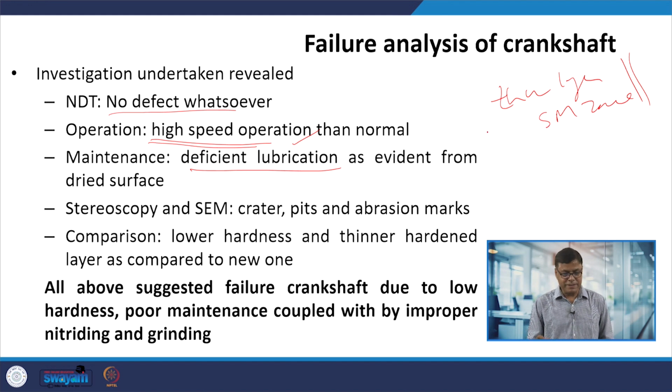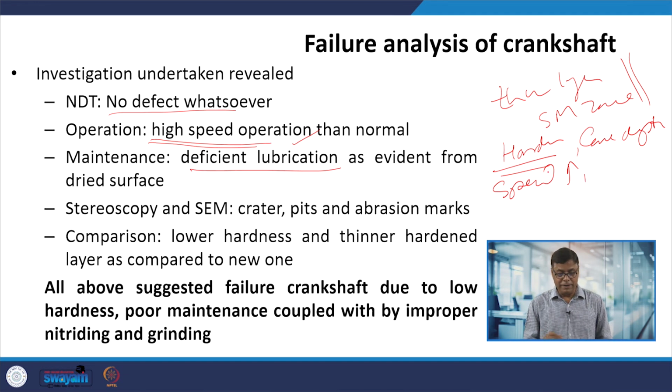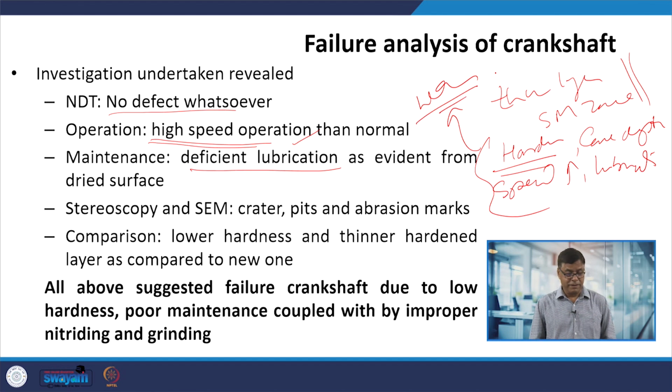So, if we summarize this, the hardness was low, okay. The case depth was less than the specified. The speed of operation was high, meaning the relative speed was high, and the lubrication was not proper. So, all these conditions led to the wear of the crankshaft.